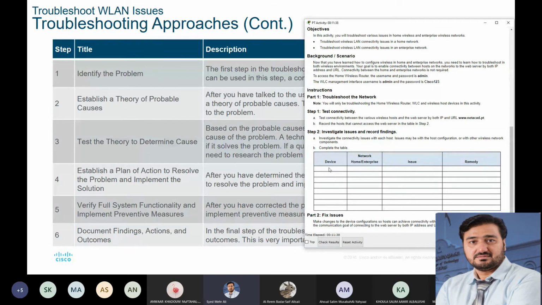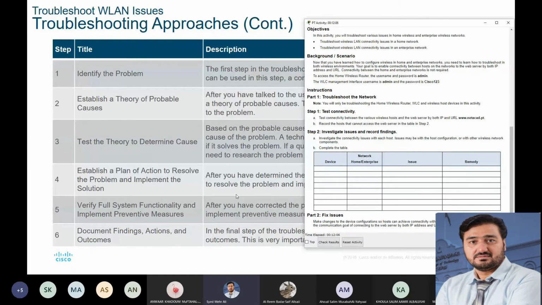You can see, suppose this is an issue with a device, for example a router, laptop, switch, or whatsoever device. You need to mention here: this was the device, this was the issue, and this was the solution. This is called documentation.